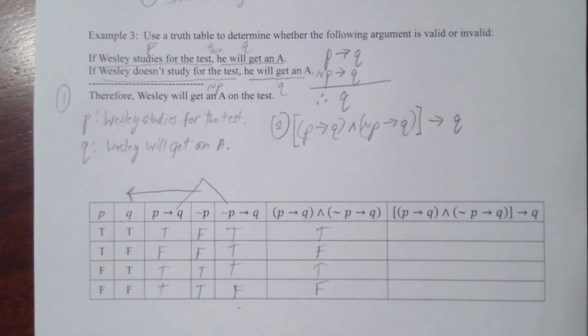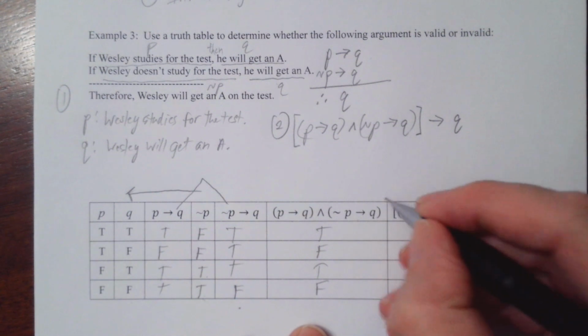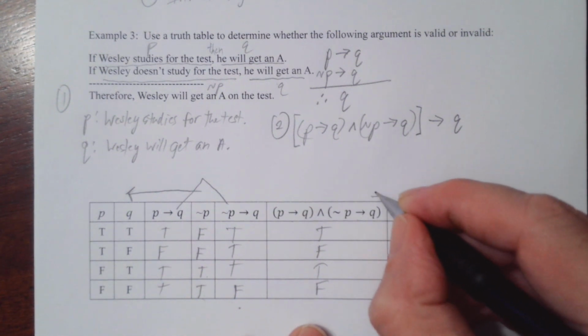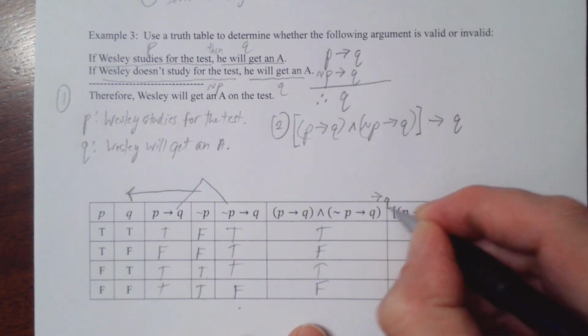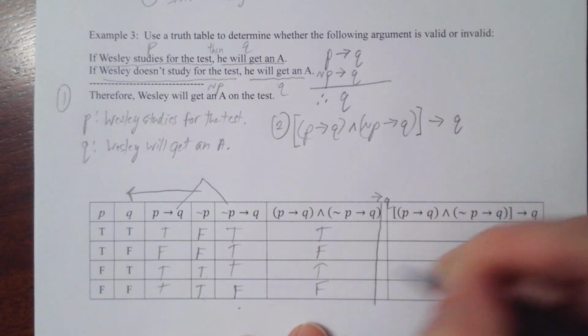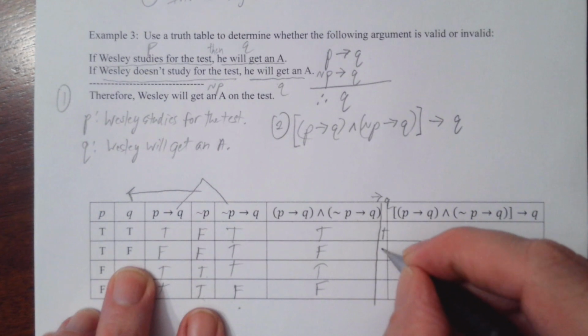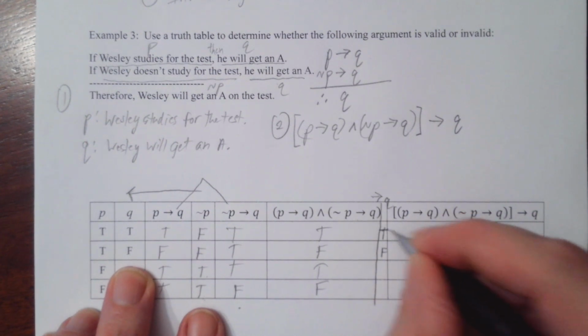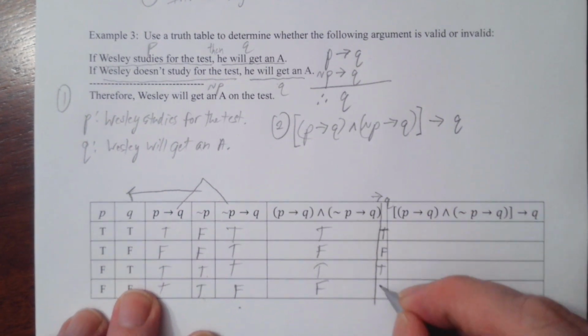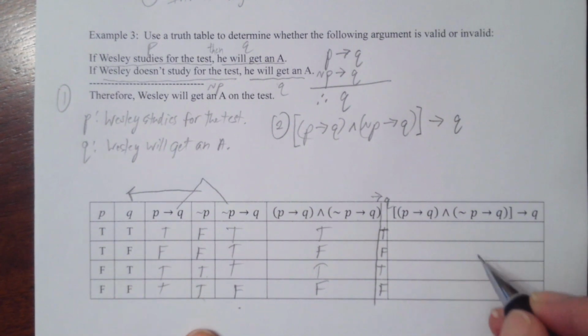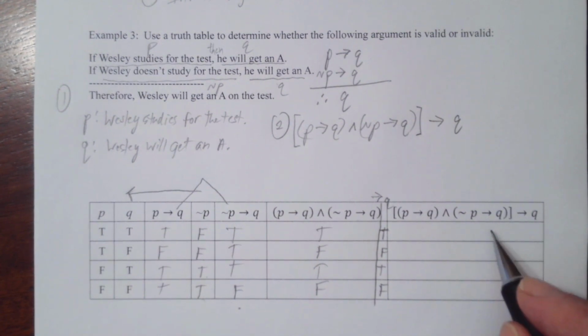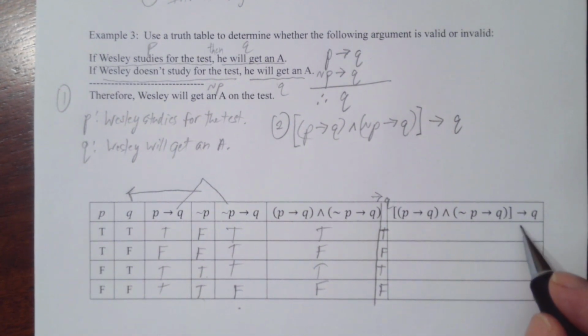Okay, so finally we want to know if all of this implies Q. So again, I'm going to put Q in right here. This is the way I like to do it. So true, false, true, false. And this is a conditional statement. We know that it's false when we have true, false.